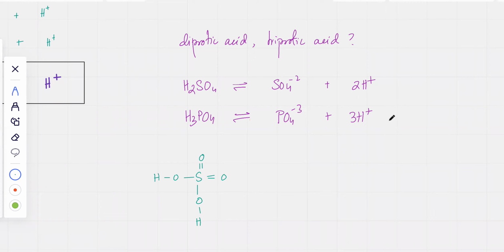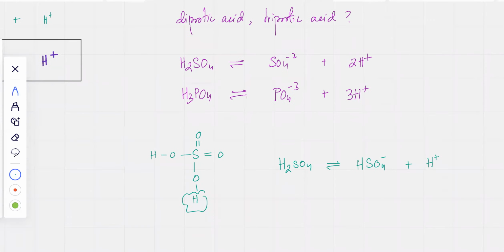Now, what happens is this H2SO4 molecule doesn't release the 2 H+ ions at the same time. What happens is it first releases one of the H+ ions. So there's an H2SO4 molecule. It dissociates, ionizes, and it ends up producing HSO4- ion and releases only one of the H+ ions.